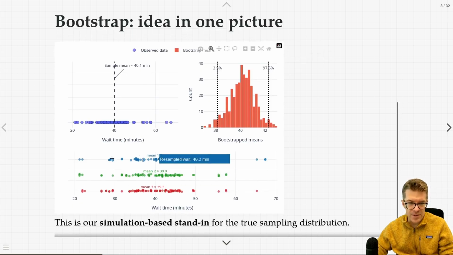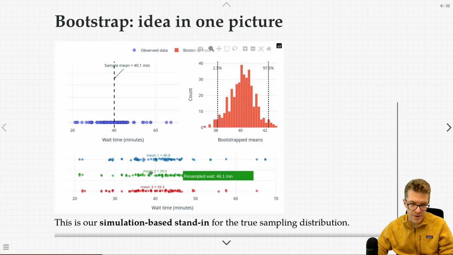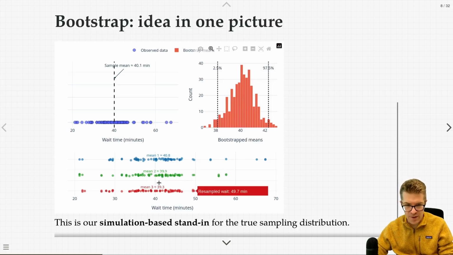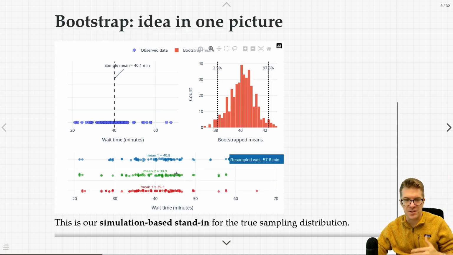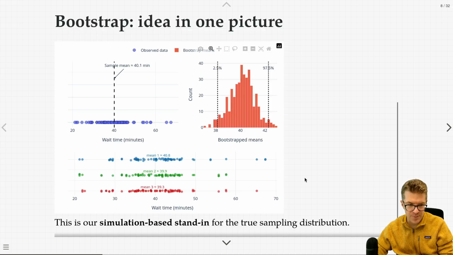Down here at the bottom is just a couple of different samples. Here are 3 samples. The blue dots represent wait times for one sample. We get one mean. Another sample will yield a slightly different mean, 39.9, 39.3, and so on. So we've done this dozens and dozens of times to get this distribution.